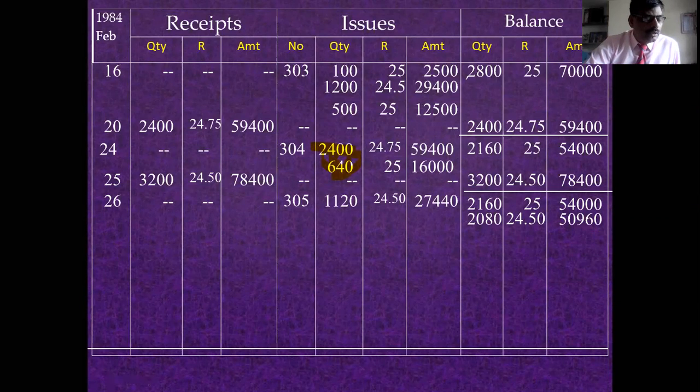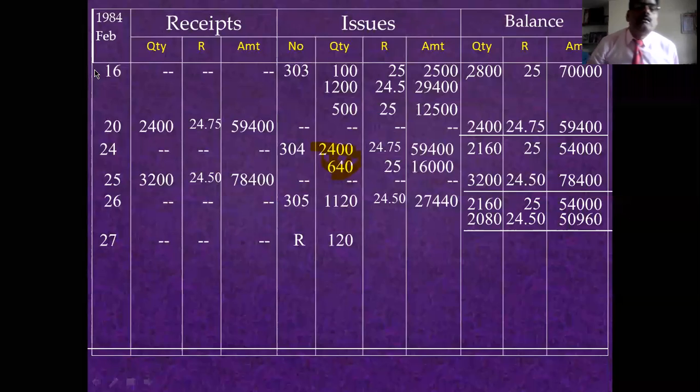Then 27, there is a return to vendor. It is a return, means issue. In the issue column, you record return to vendor 120, then you see the rate, defective, purchased on 20th February.